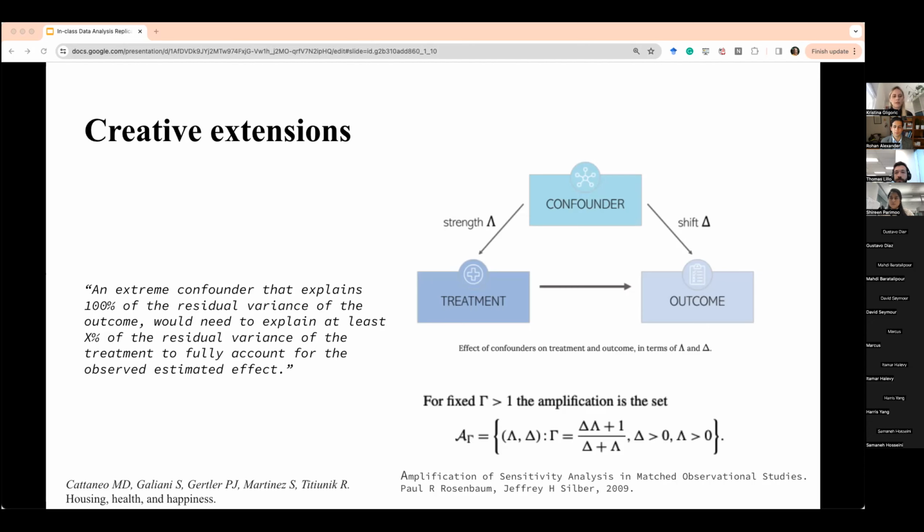And then in case of smoking and cancer, if there was some unobserved confounder, it would need to have gamma of like 10 to fully explain the association between smoking and cancer. And so that puts it into perspective how robust a study is.